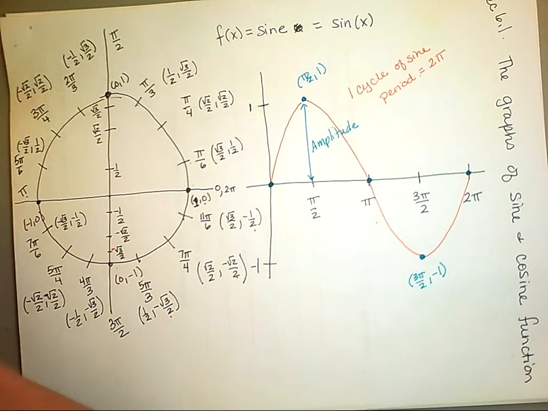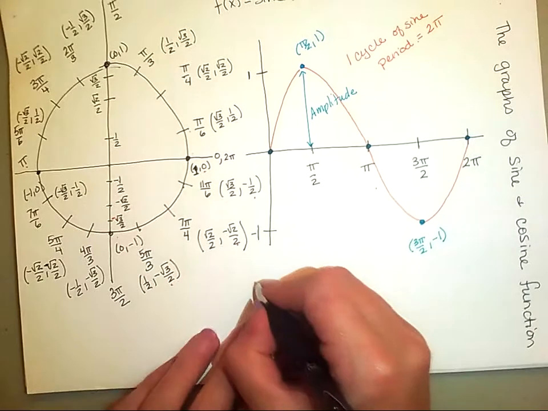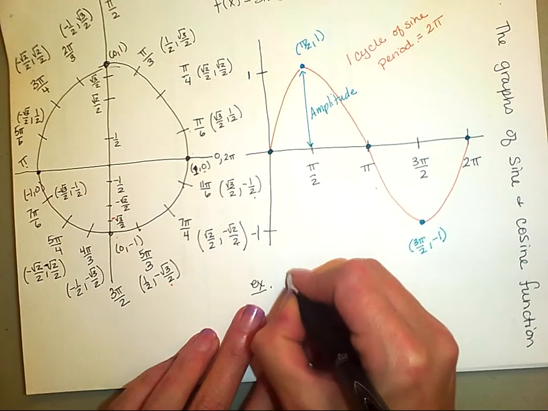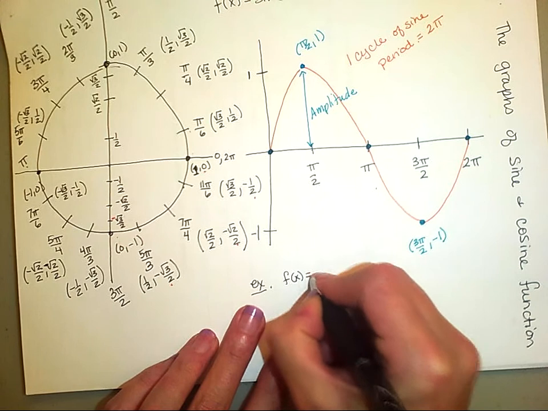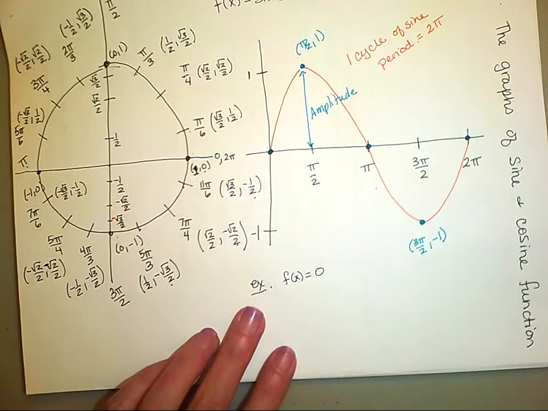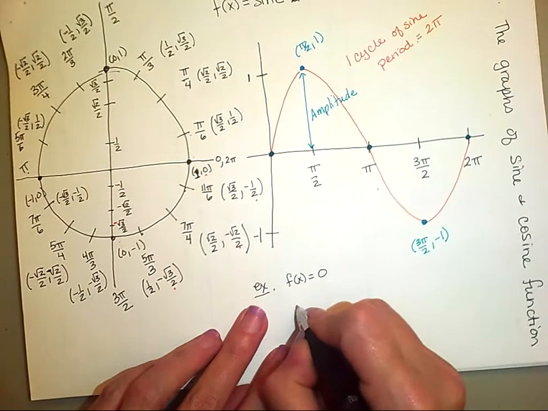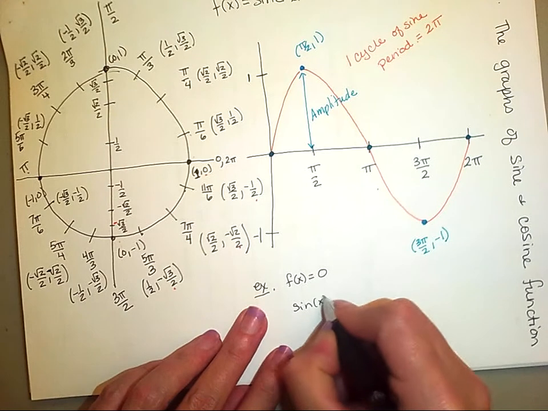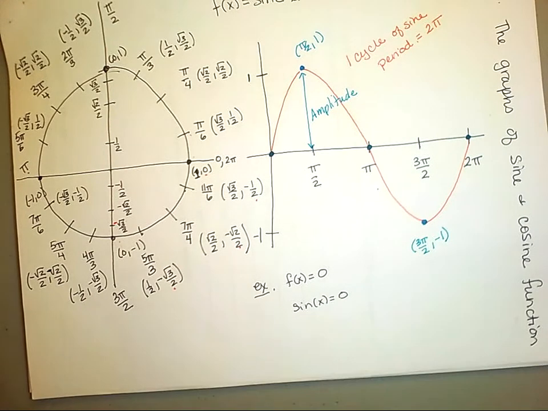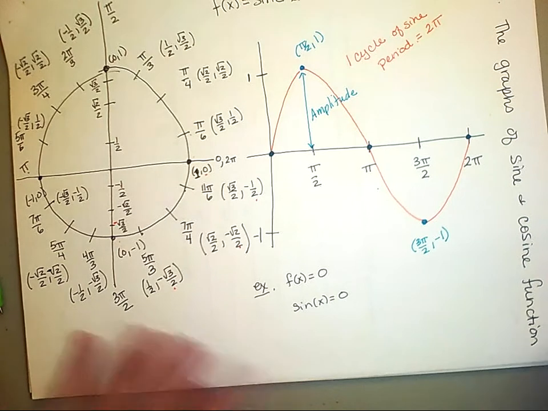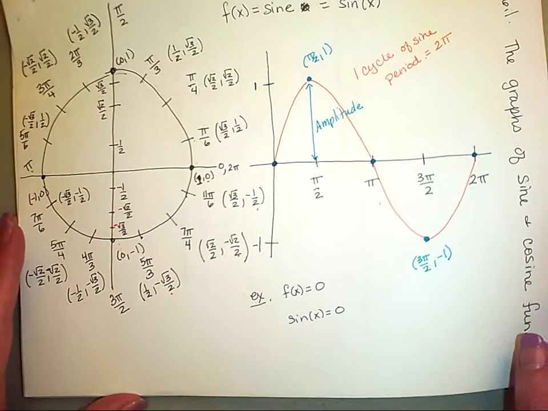Alright, now let's try and do some graphical solving. For example, let's solve where f of x is equal to 0. Well, what is our f of x? Our f of x is the sine of x, so we're really solving where the sine of x equals 0. Remember, we could solve this graphically.